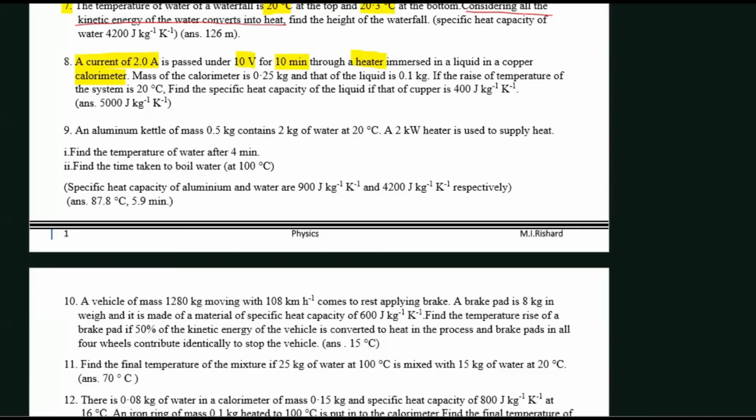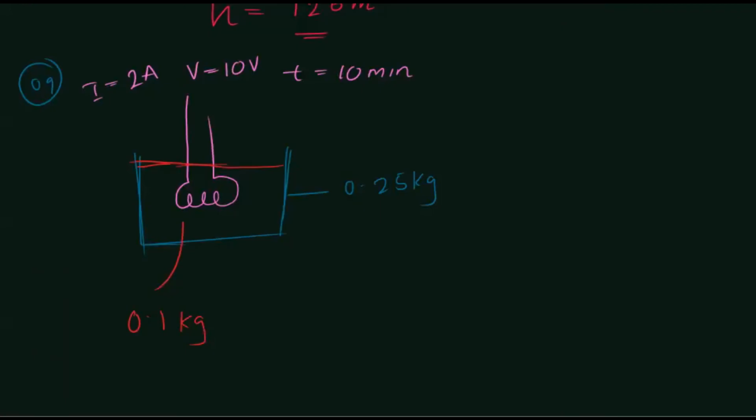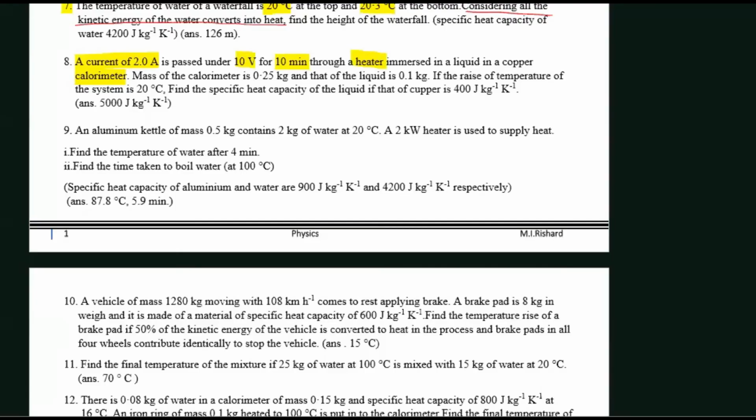When actually a heater is used, what does it do? It supplies heat. So when it supplies heat, let us assume the temperature rise was 20 degrees Celsius. Both the calorimeter and the liquid rose by 20 degrees Celsius. They're asking us to find the specific heat capacity of the liquid.